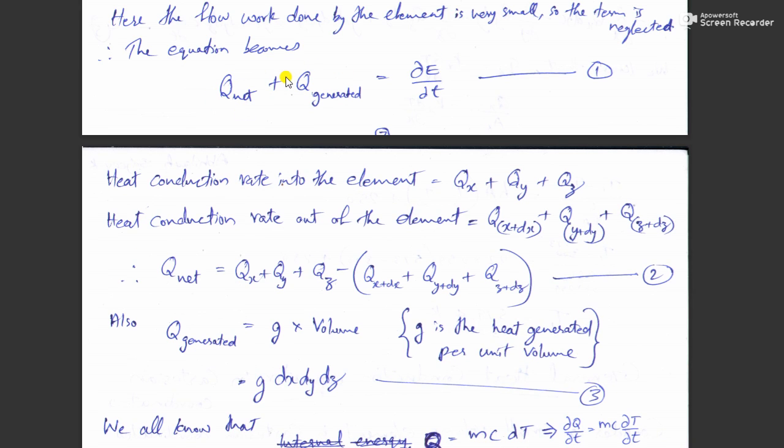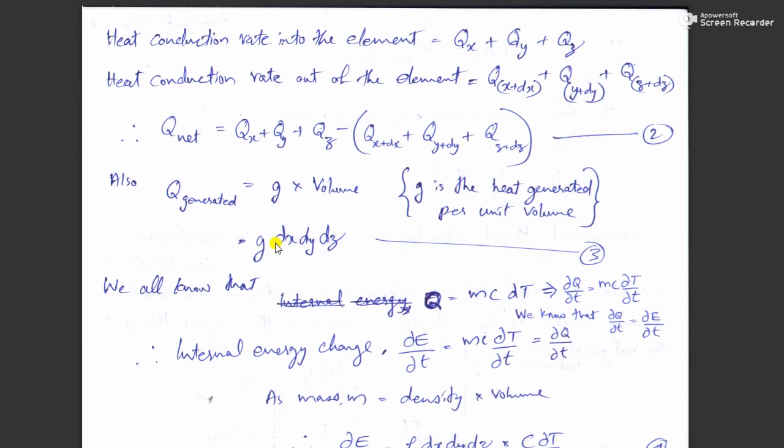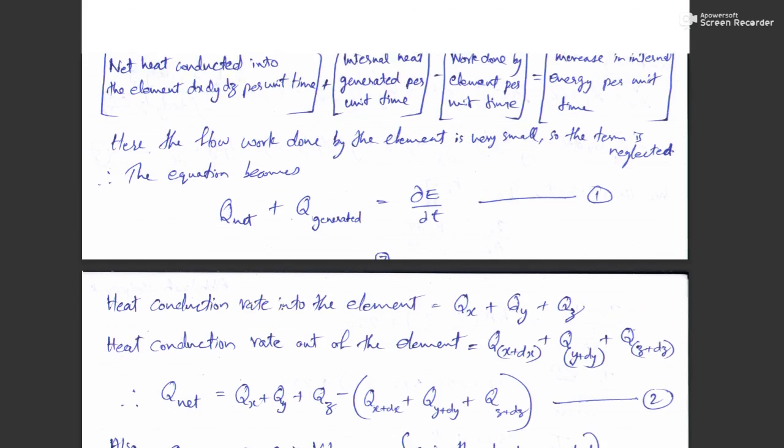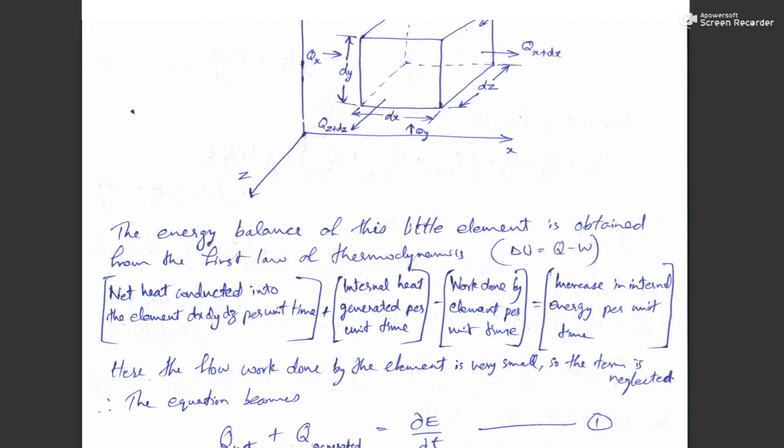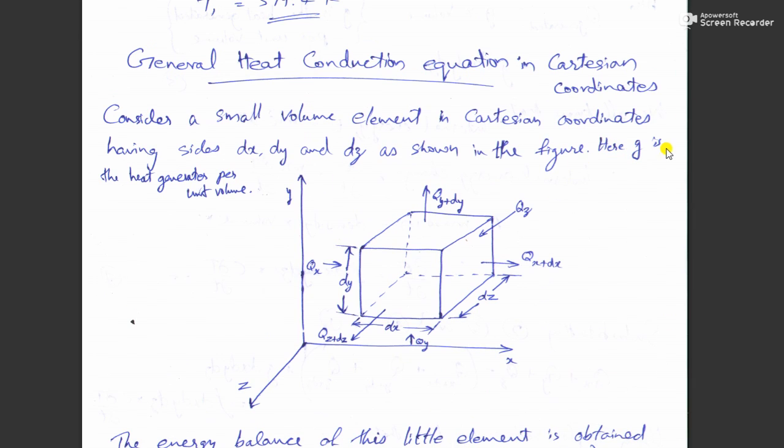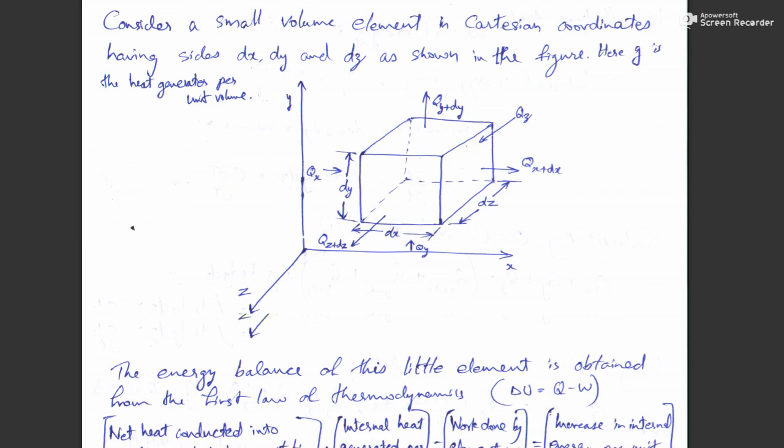Now we have to find the expression for Q generated. So what is Q generated? Q generated is equal to G into volume, because G is the heat generated per unit volume, as we have assumed.